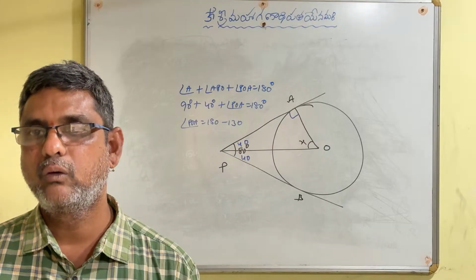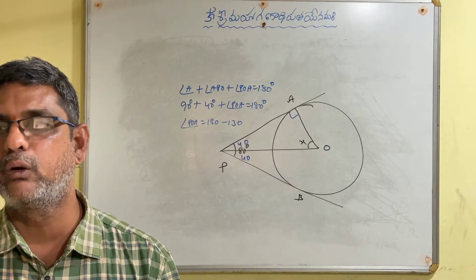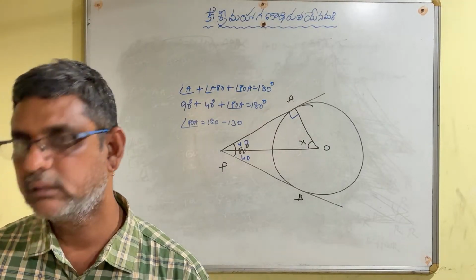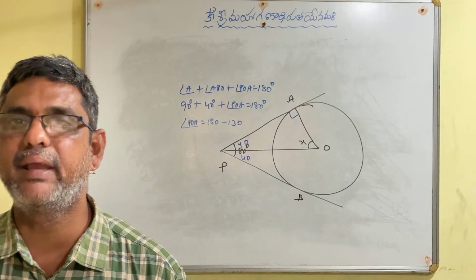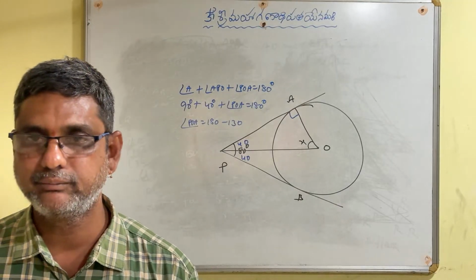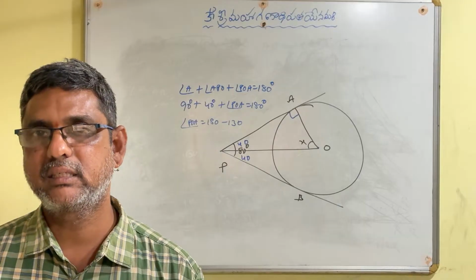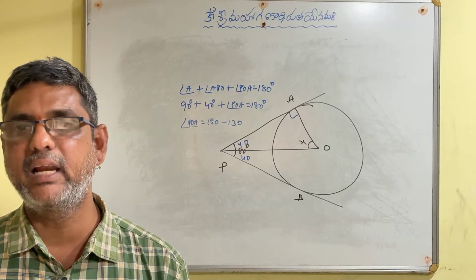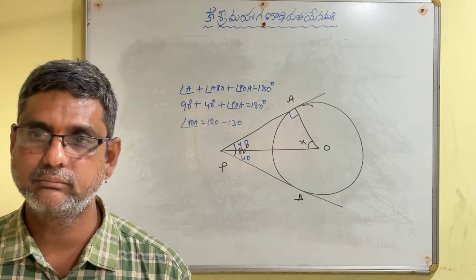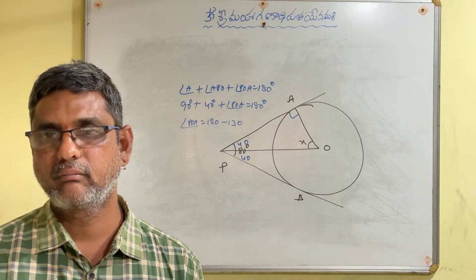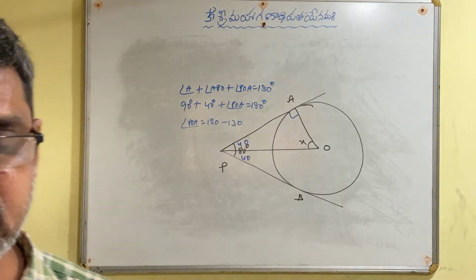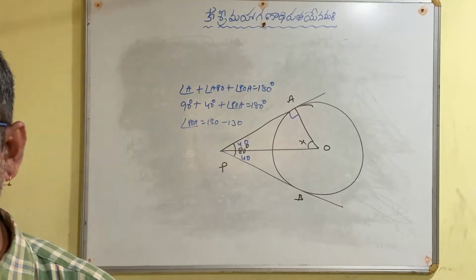Yes, OP bisects angle P into two equal angles. Very good. Not only angle P, it bisects angle AOB also. It divides the angle between the tangents as well as the angle between the radii.